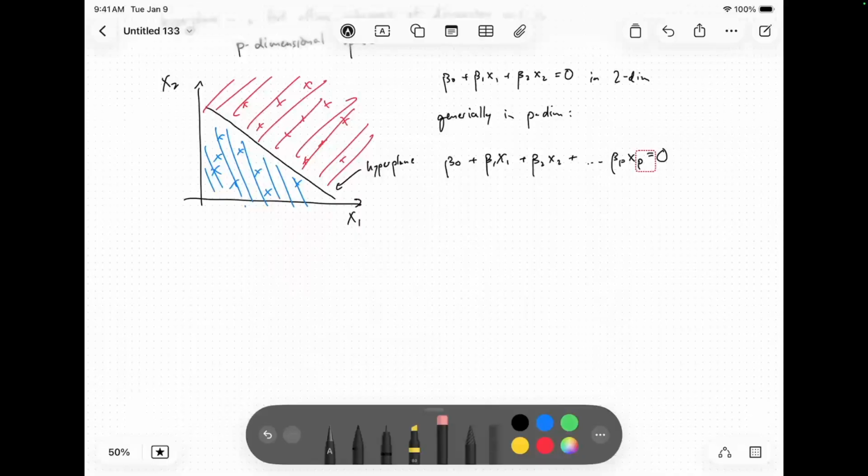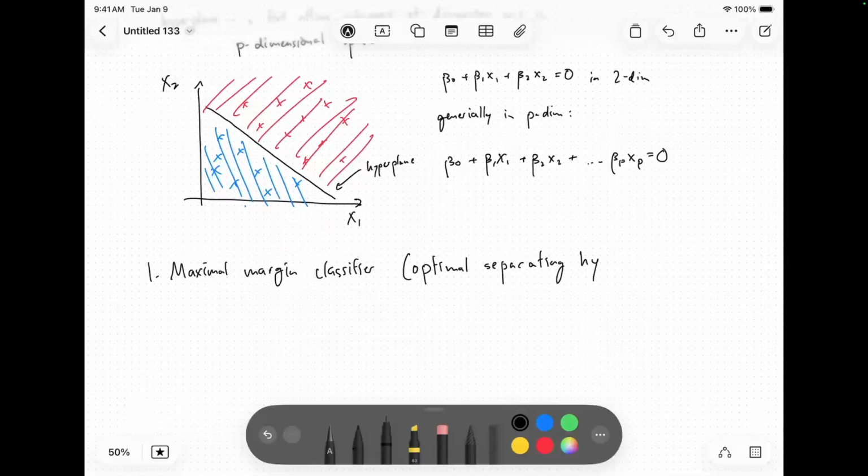Okay, so the first one is the maximal margin classifier, also known as an optimal separating hyperplane.